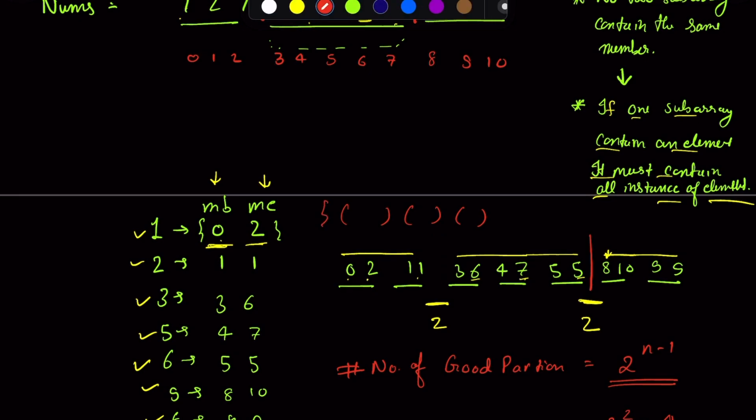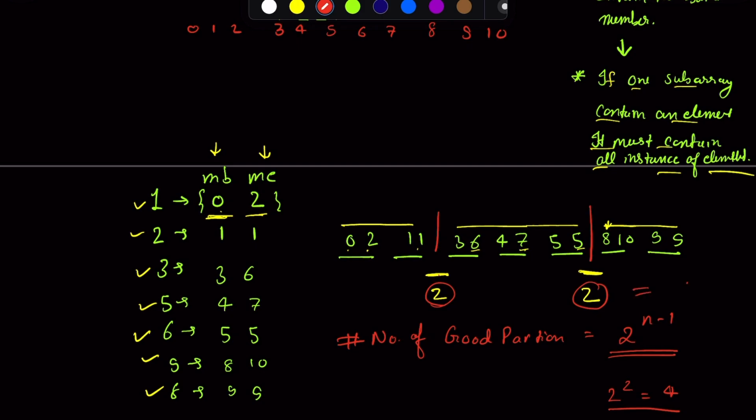Let's say you don't add this partition, your answer will be for where you have two subarrays. So basically, if you have three contiguous subarrays, you have two places to add a partition, and for each place you have a choice to either add it or not add it. So you have two operations for this place and two operations for this place. Resultingly, you have four good partitions which you can form.